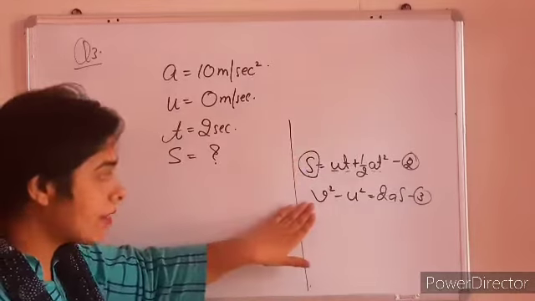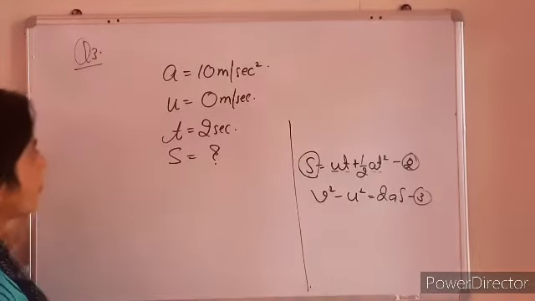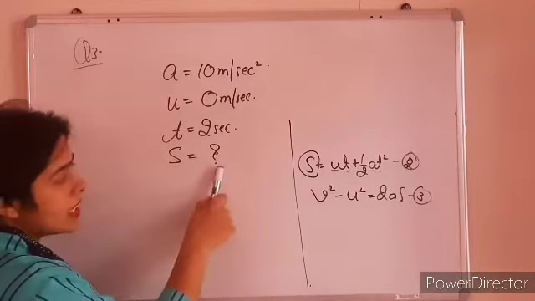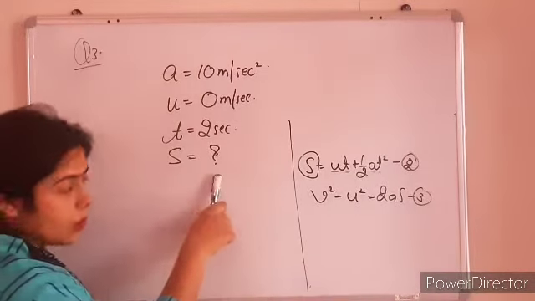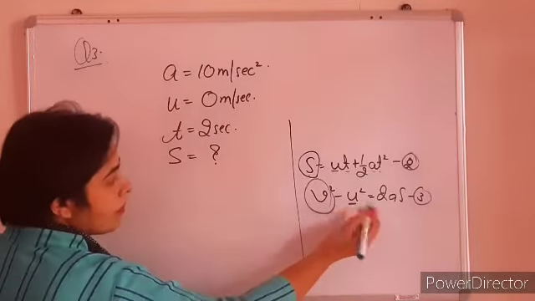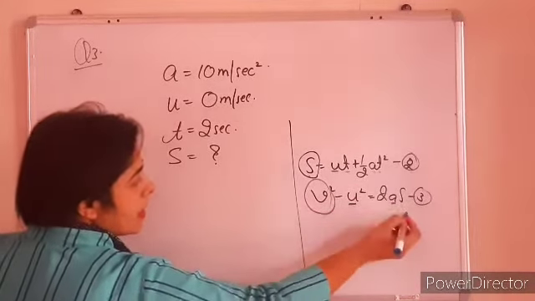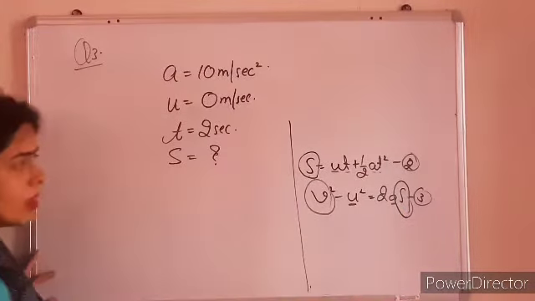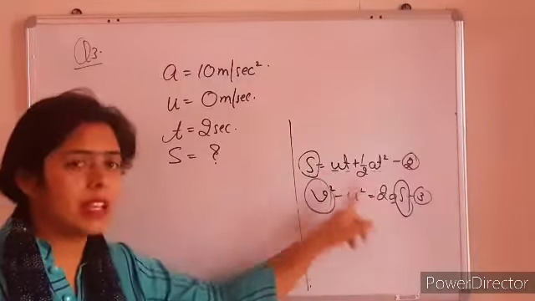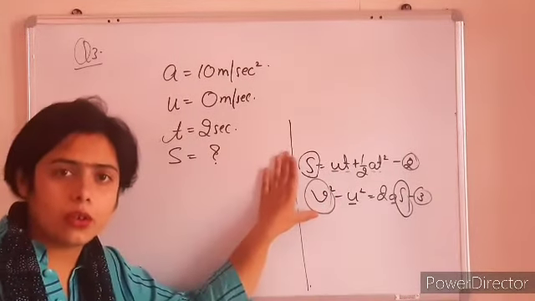Let's give a chance to this third also. First is final velocity. Is final velocity given to you? No. So we have to circle this. U is given. 2 is a constant. A is given. S is not given. So if you look into the second and third equation, S is coming in both. We have to choose one out of them.